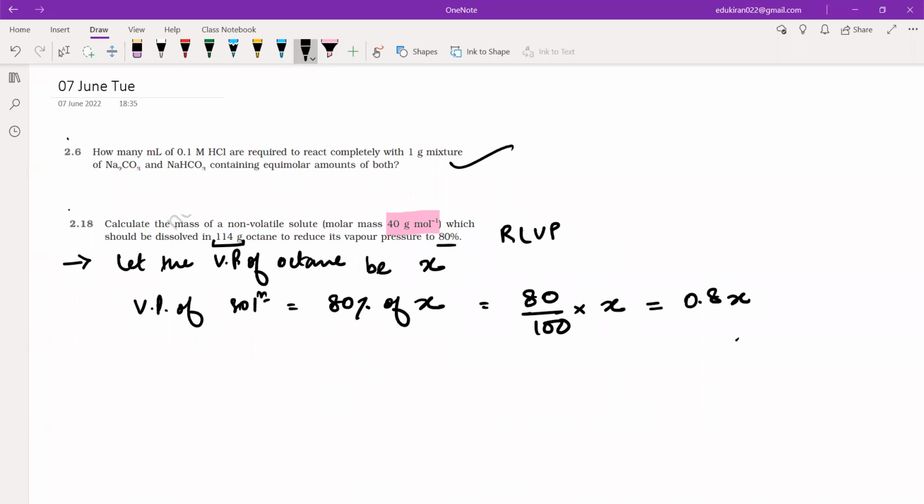P naught A minus P total upon P naught A will be equal to chi B. Correct? Yes or no? Sir, are these questions from NCERT, by the way? हाँ, ये NCERT में ही है. Okay.